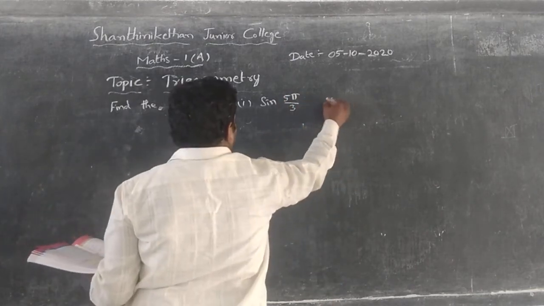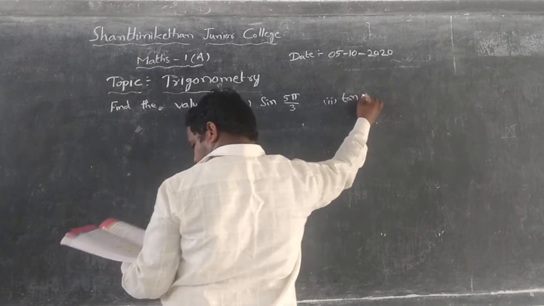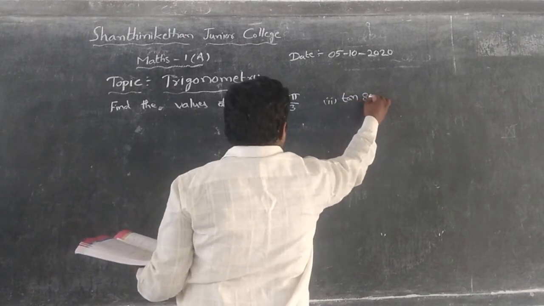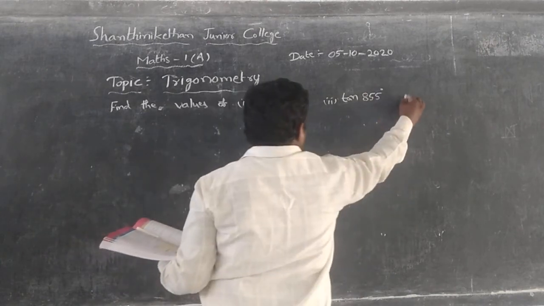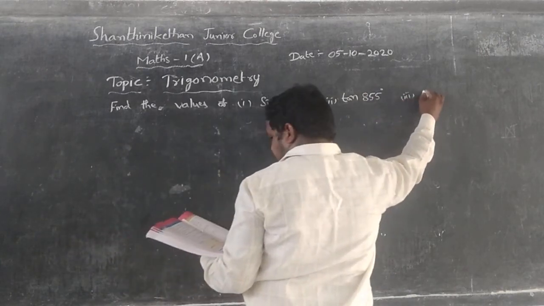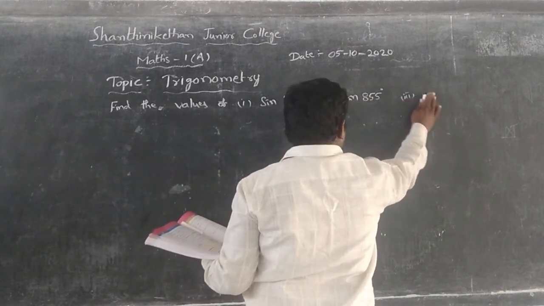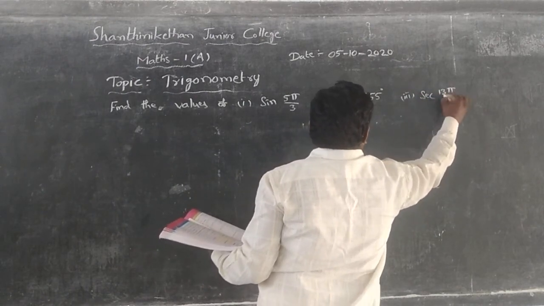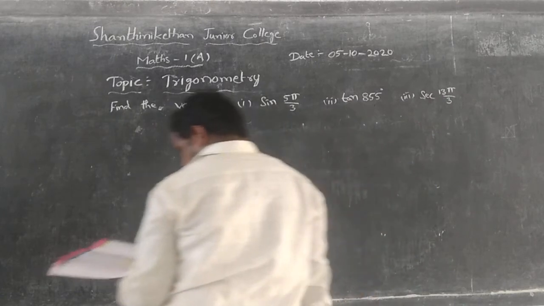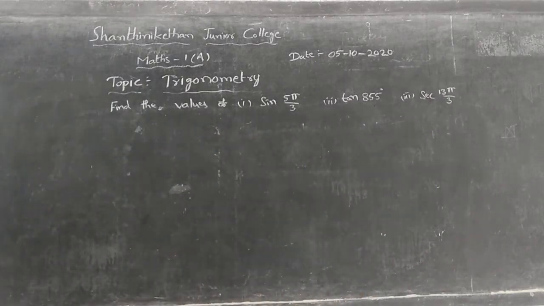Second one, tan 855 degrees. Third one, secant 13 pi by 3.